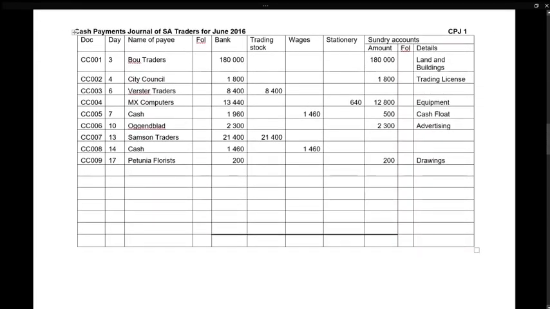Right, so check counterfoil 010. It took place on the 21st. Who did we pay? We paid NSA, and the amount we paid them was 384 Rand for stationery. 384 Rand. There we go.